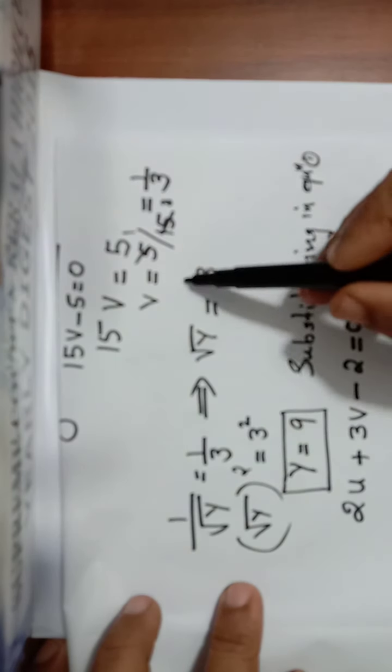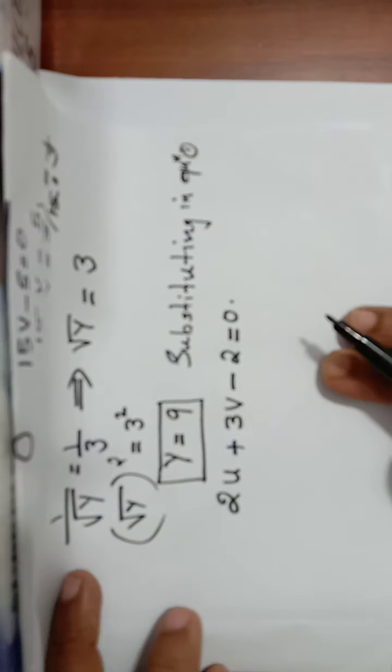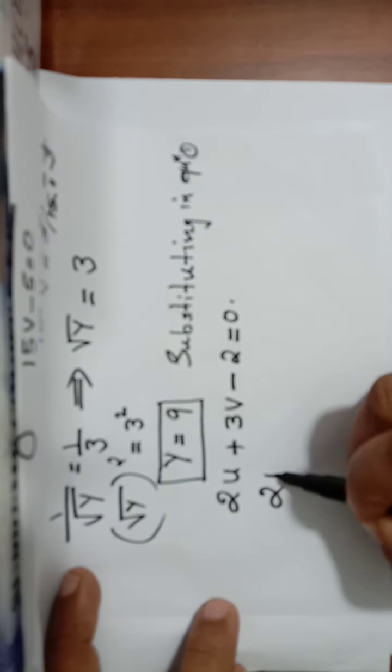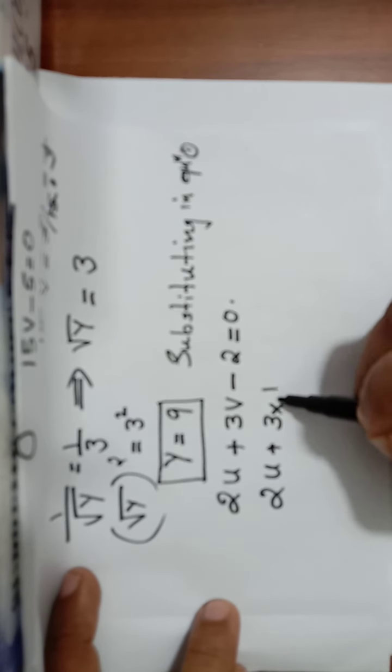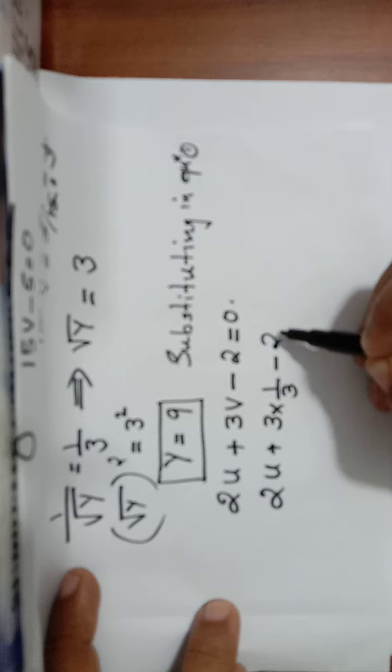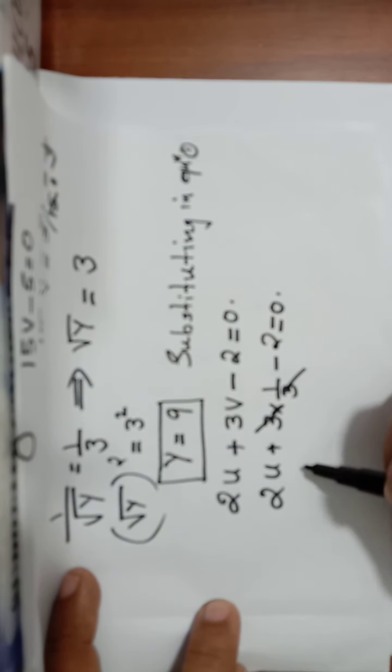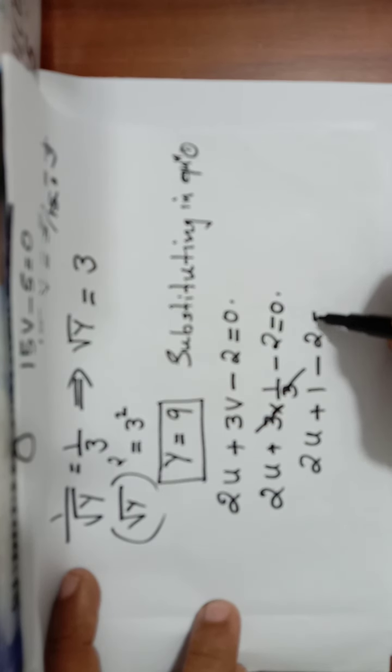So, v is equal to 1 by 3 we know. We will substitute the v value. That is 2u plus 3 into 1 by 3 minus 2 equal to 0. 3 and 3 can be cancelled. 2u plus 1 minus 2 equal to 0. That is 2u minus 1 equal to 0.